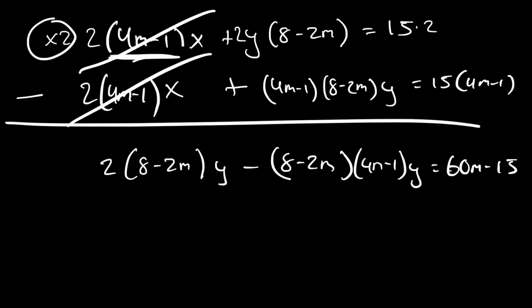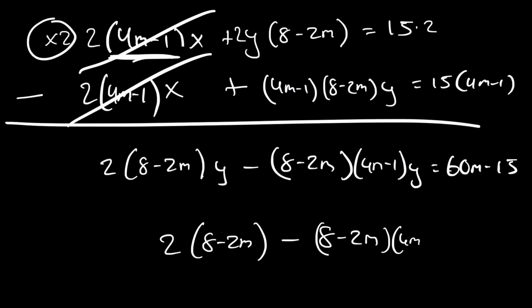Well, let's see what we do. We first want to do is that we have 16 minus 4m. Actually, no. What we could do is just take these out. Because we know when we take them away, it's just going to essentially be 2, 8 minus 2m, minus 8 minus 2m, 4m minus 1.